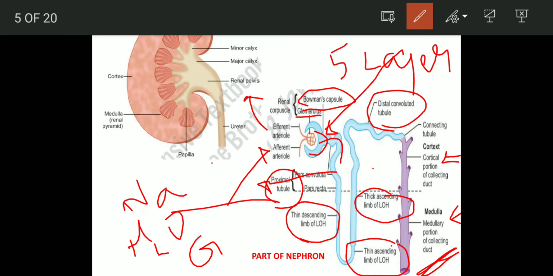Then comes the distal convoluted tubule, and in the cortical duct, water will be getting reabsorbed. Once that is reabsorbed, the only things going into the urine will be waste products and water. So this is how your kidney functions. This is how each and every nephron functions.